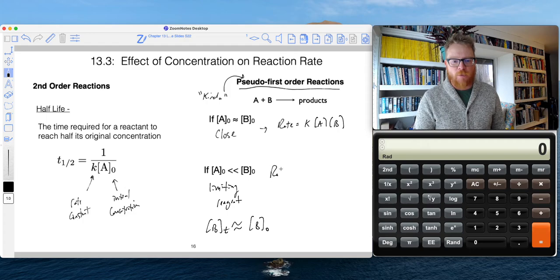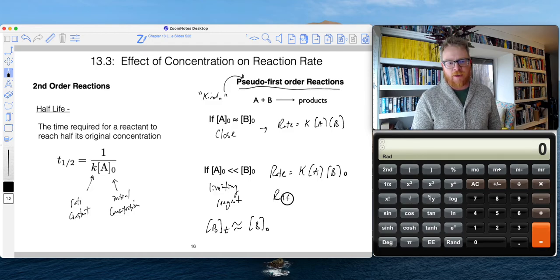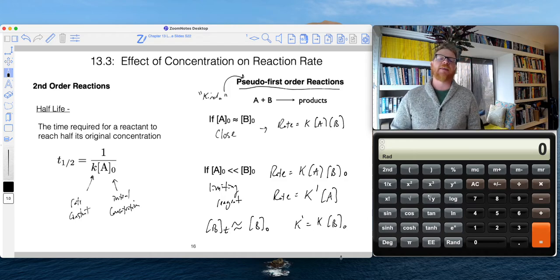And so now if we were writing this rate law, rate equals K times A times B, and I'll write times B initial, then what we're going to see here is we could lump this into a new constant. So I'm going to call this K prime times A, where K prime equals K times B initial. And this is what we would call a pseudo first order reaction.